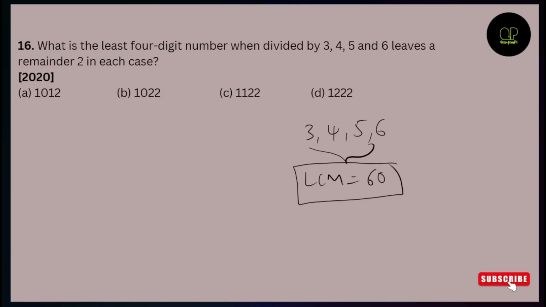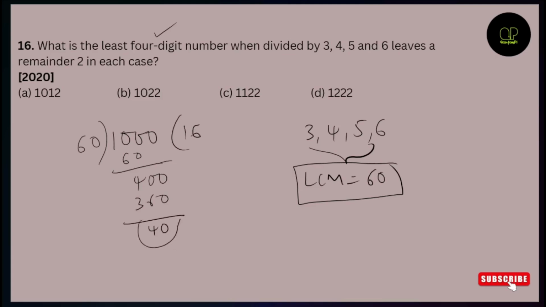So it has to leave a remainder 2, and you're asking for the least 4-digit number. Now chalo, again start. First do it with 60 and find whether you're getting a remainder or not. 6 sixties are 360, so 1000 minus 960 leaves 40. 40 is the remainder.